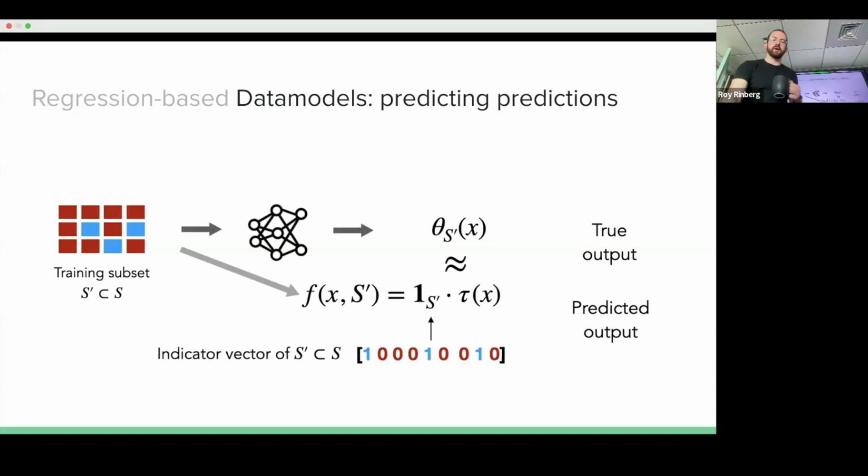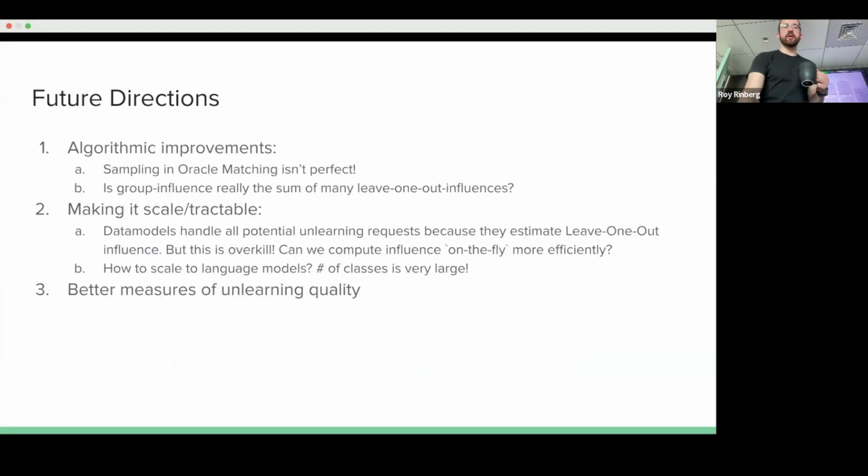And so that's actually where my point is that Oracle matching isn't perfect. What points are you going to Oracle match on is a good question. With knowledge distillation, the whole point is that you need fewer points. And so asking the question of which points do I want influence on would reduce the need for this n squared matrix.